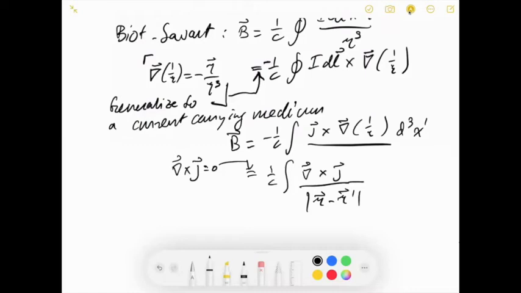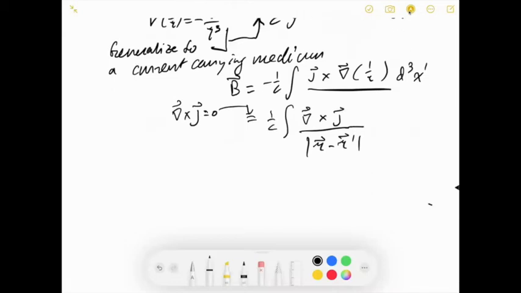And because I swapped the nabla operator and the J, that means I can drop my minus sign, and then I can pull it out of the integral, because I'm allowed to do that, since the curl of J is 0.